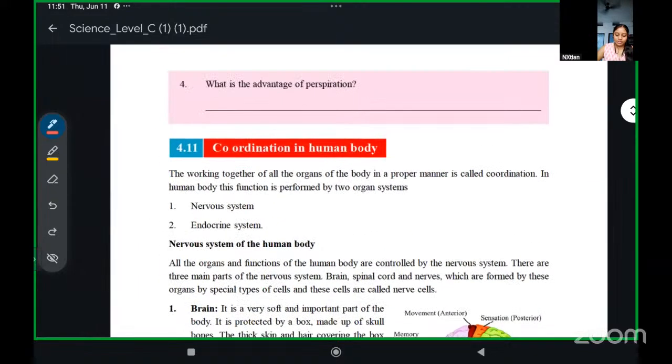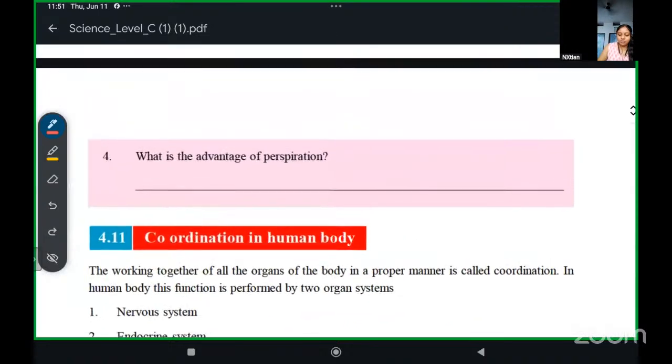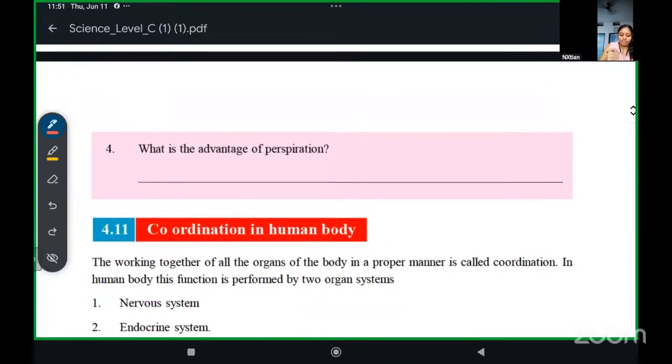See, this is branching out. I'll just tell you once. Our body's smallest unit is the cell. When many cells come together, they form tissues. When many tissues come together, they form organs.